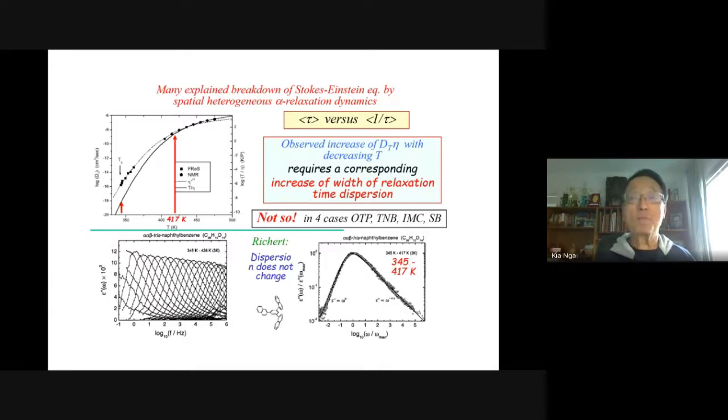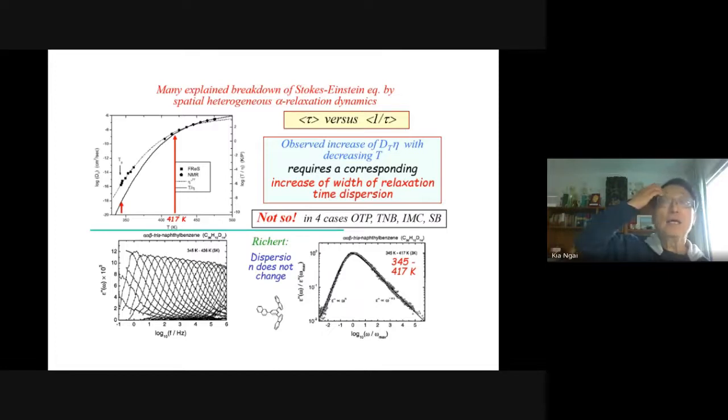It doesn't work, because Ranko Richard, who will talk, is the one who showed that this doesn't work: the dispersion on the bottom left, which he measured by dielectric, doesn't change. If dynamic heterogeneity is the cause, it has to change. It doesn't change. The bottom figure shows his data.